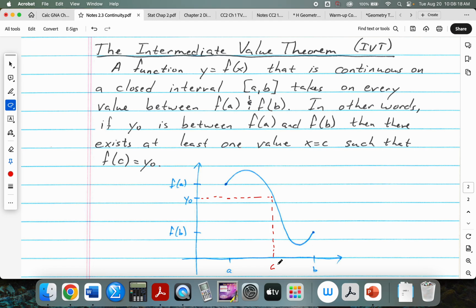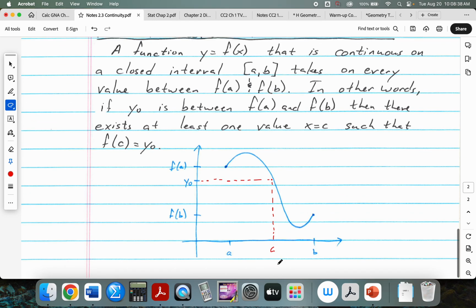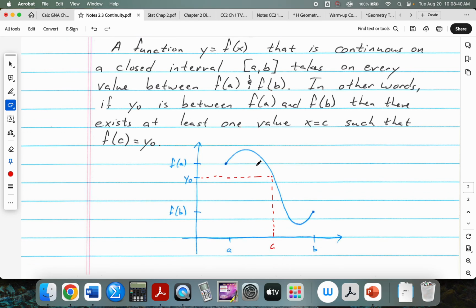Well, there would be 3 different times where the temperature was 90 degrees or 85 or whatever it is that I said. But this theorem guarantees that at least once you're going to get all those intermediate temperatures, or in the case of a function, all those intermediate values.